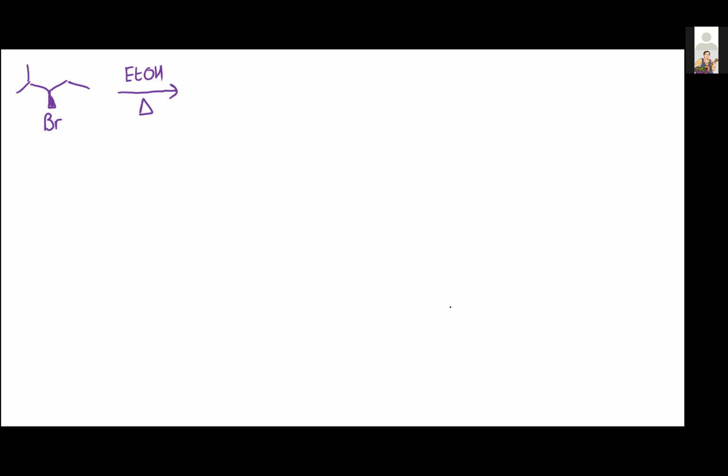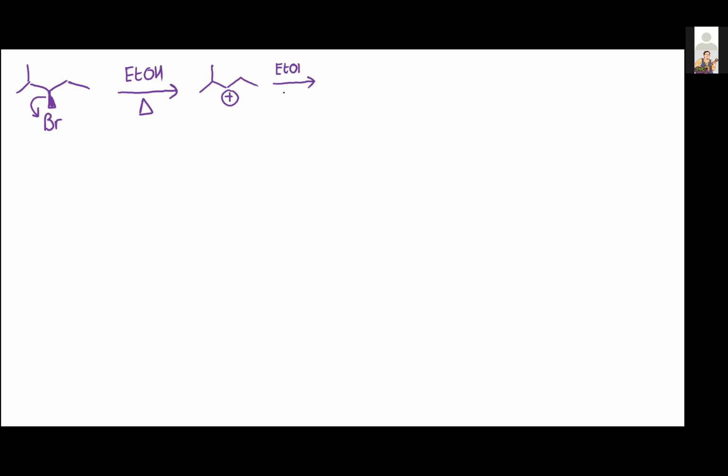So this is the problem with secondary carbons. I think under these conditions, with the heat, and the ethanol not being all that reactive, you are going to generate the carbocation. We are going to make the secondary carbocation, and this is then going to react.